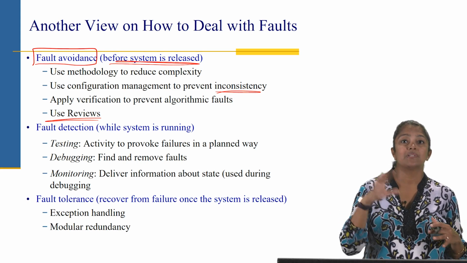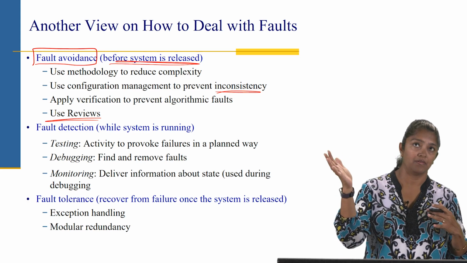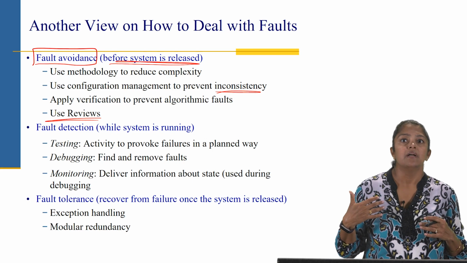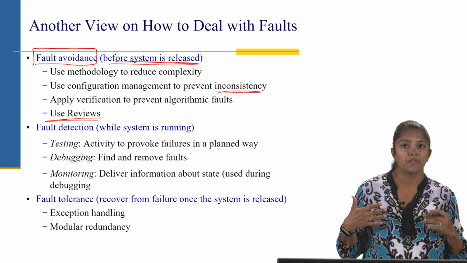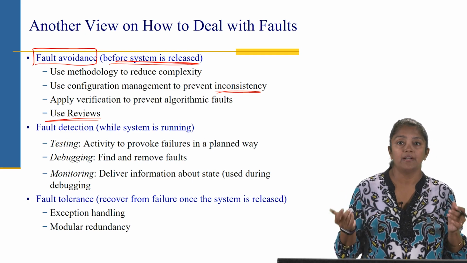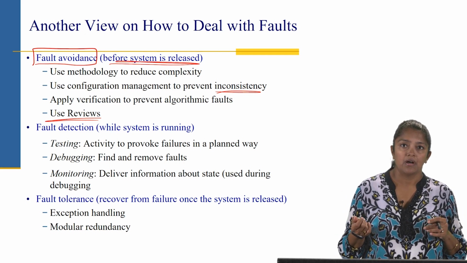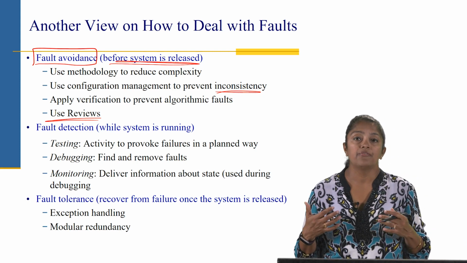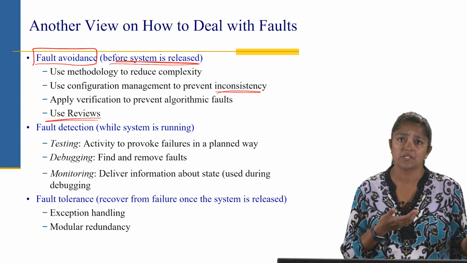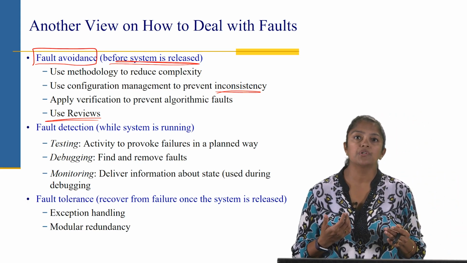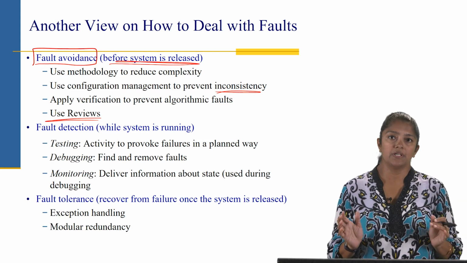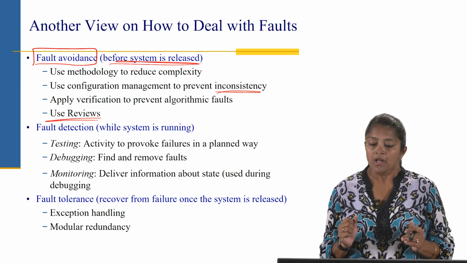We're just statically analyzing the code and the designs, and having some other person other than the designer or the developer review them for identifying any potential faults. All of these are fault avoidance techniques, that is, even before the system is released, even before the system is under execution, can we reduce the number of faults and issues and ensure quality.